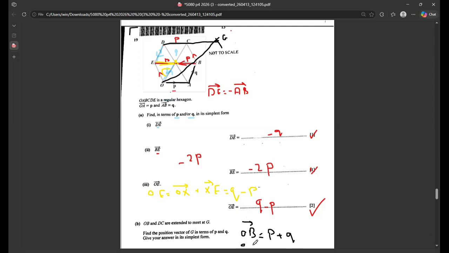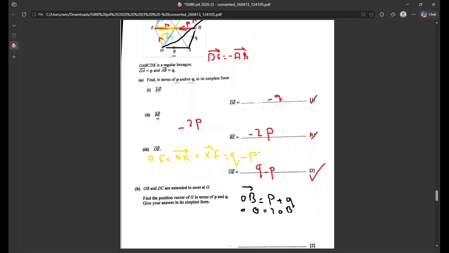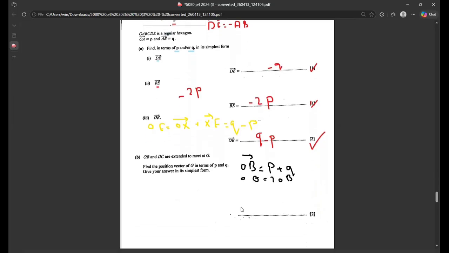OG is 2 OB. Okay, so the position vector here will be equal to 2P plus 2Q. Did you get it? Yeah.